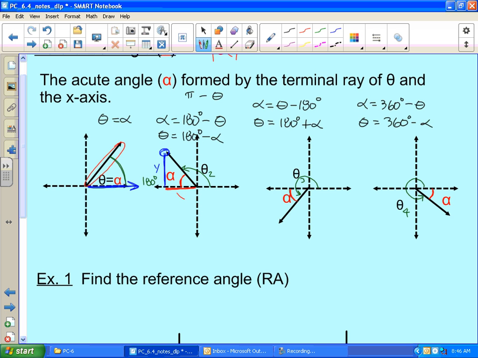No matter where I am, I generate a right triangle. Notice that some of my x's are positive, some of them are negative, depending on where I'm at.